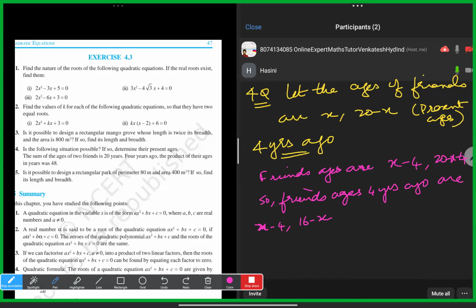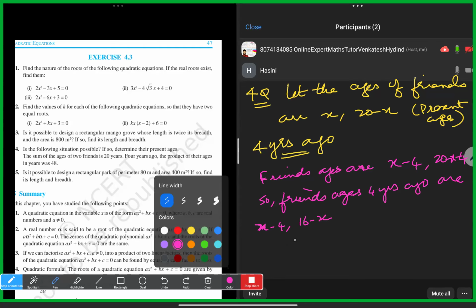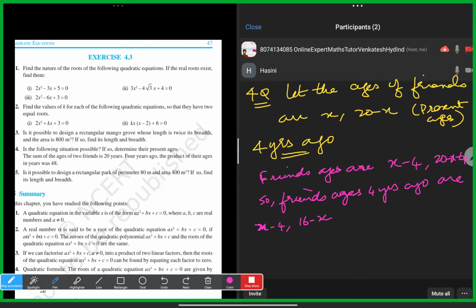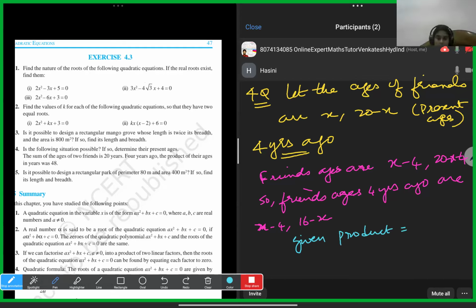So now, Hasmi, given this particular product, the product is equal to how much? 48.